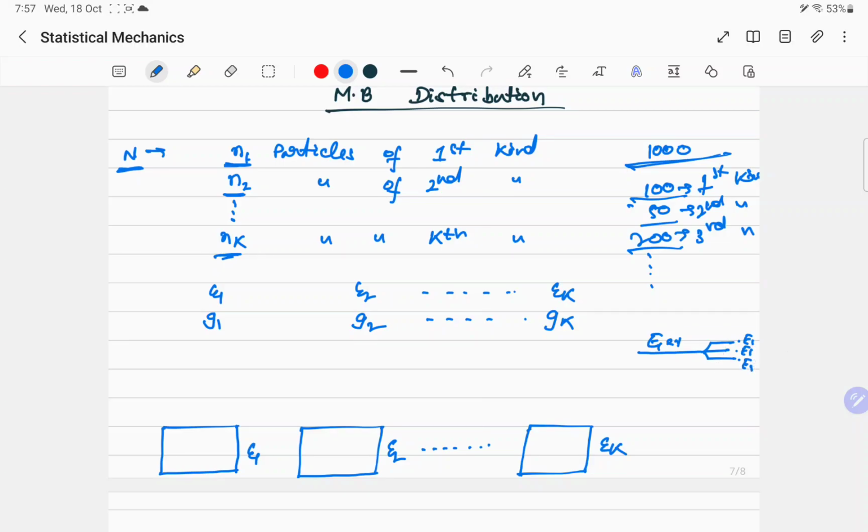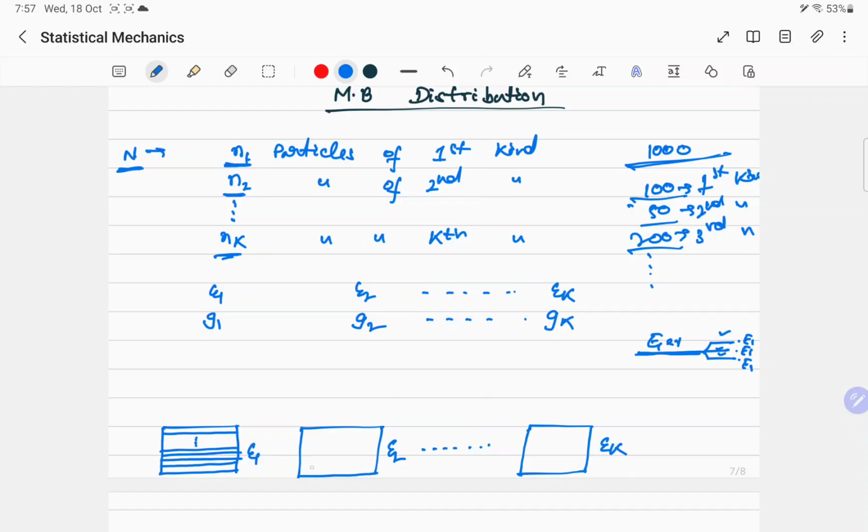So these three will have the same energy. So the degeneracy concept is somewhat like this: different states but same energy. The energy of this box is epsilon 1, and its degeneracy is G1, which means there will be a total of G1 cells, and all these levels will have energy epsilon 1.